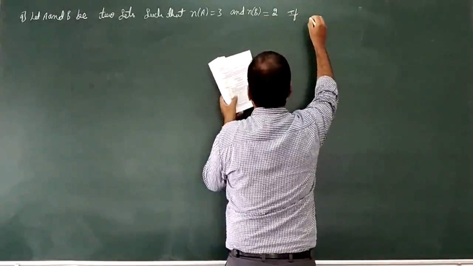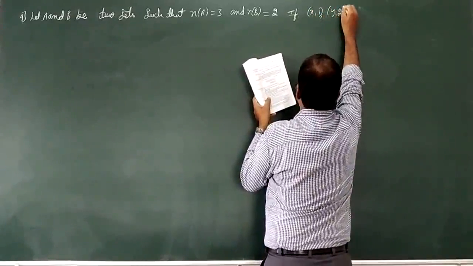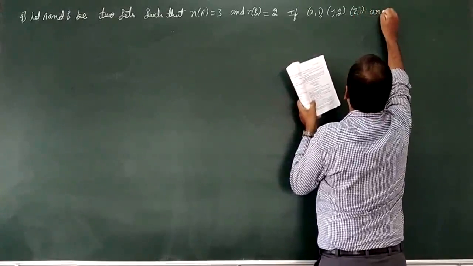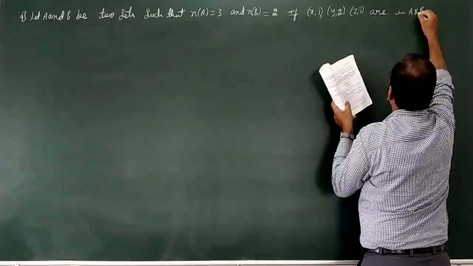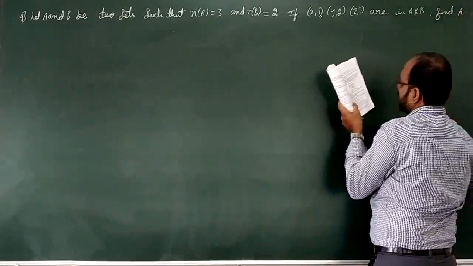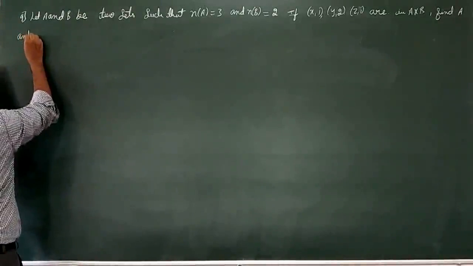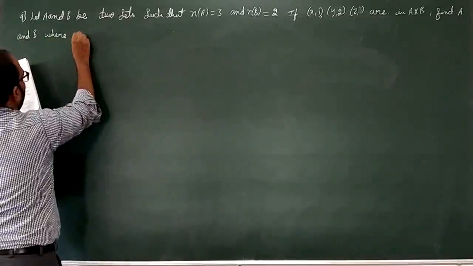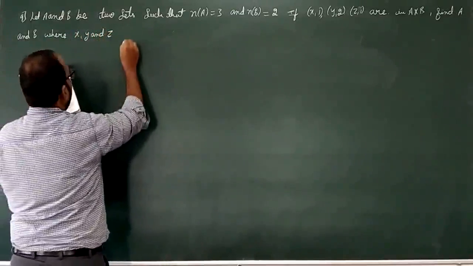If (x, 1), (y, 2), (z, 1) are in the Cartesian product of A and B, find A and B, where x, y and z are distinct elements.